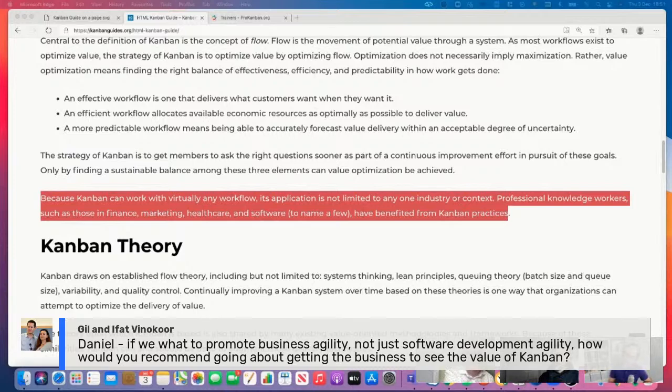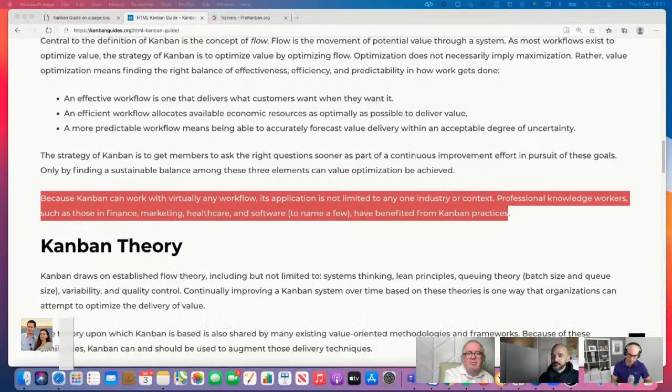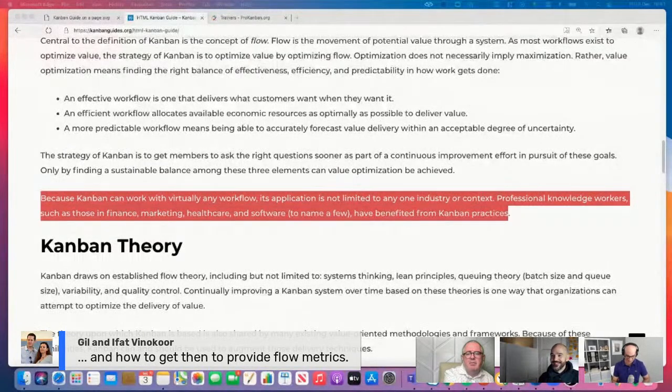Yeah, there's about 50 questions in one here, and maybe that's on purpose. I don't know. But the first thing I want to address is a lot of people come to ProKanban.org and assume that what we're talking about here is specifically software development, and even more specifically, software development teams.